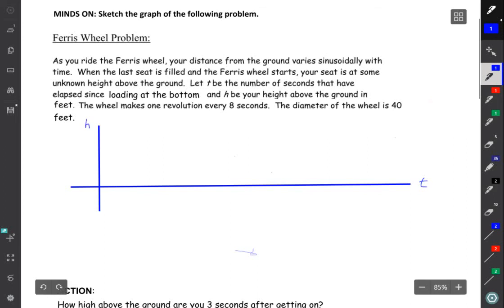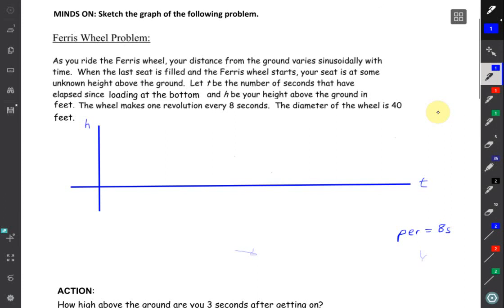So this axis is the height. The wheel makes 1 revolution every 8 seconds. So 1 revolution every 8 seconds, that's telling us our period. So the period is 8 seconds.